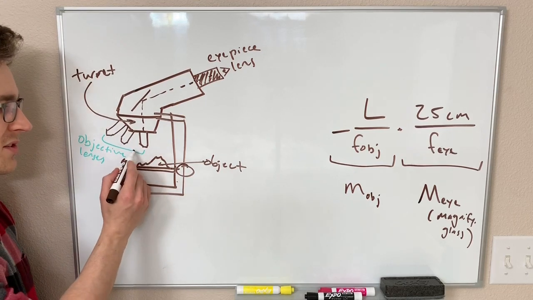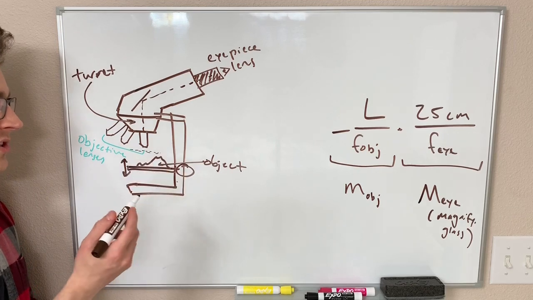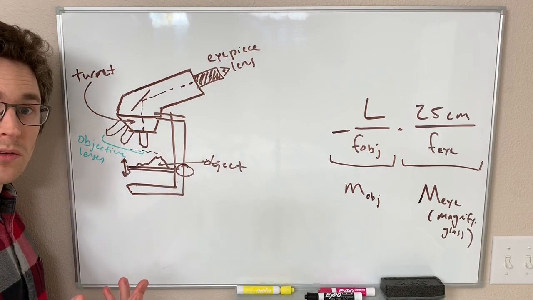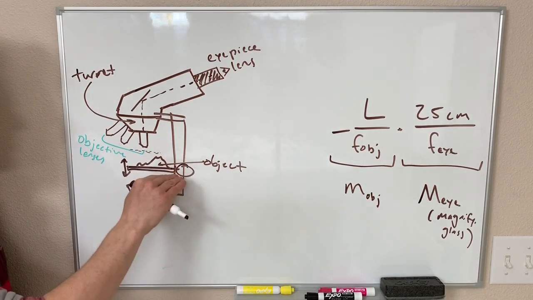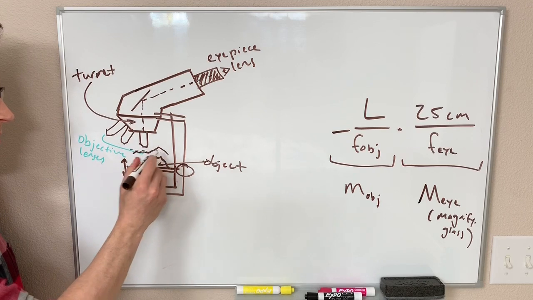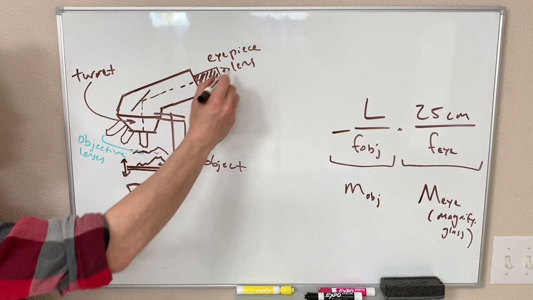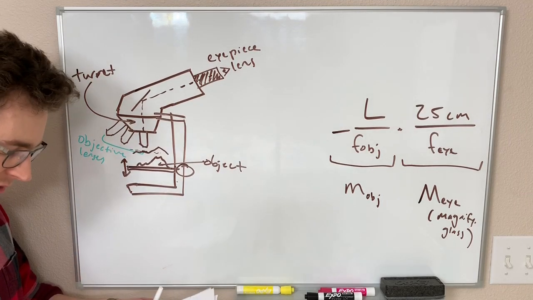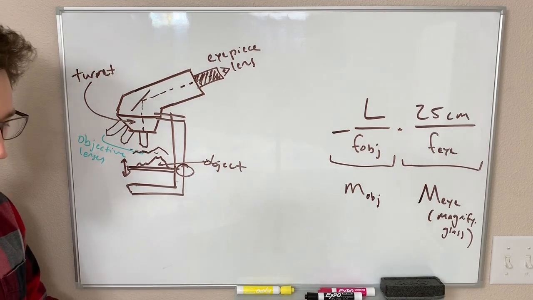So there is some place in space relative to this lens right here, maybe, that is the only place where we have our object in focus. So the purpose of this stage is we can move the object up so that it is right at this position, and when our thing is at the right height, then we get a nice image through the eyepiece lens. So this is a typical laboratory microscope.